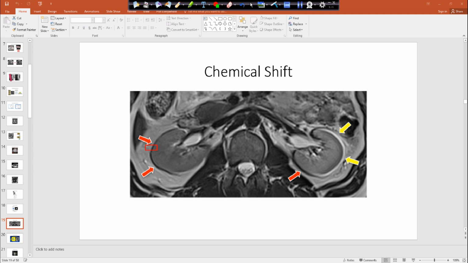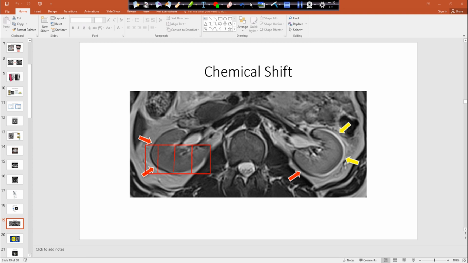So if you have, let's say, a receiver bandwidth of 16,000, which was our example, our chemical shift for that was about 3.5 pixels apart. So imagine these are the pixels. I know these aren't perfect squares, but that chemical shift is about 3.76 pixels apart.